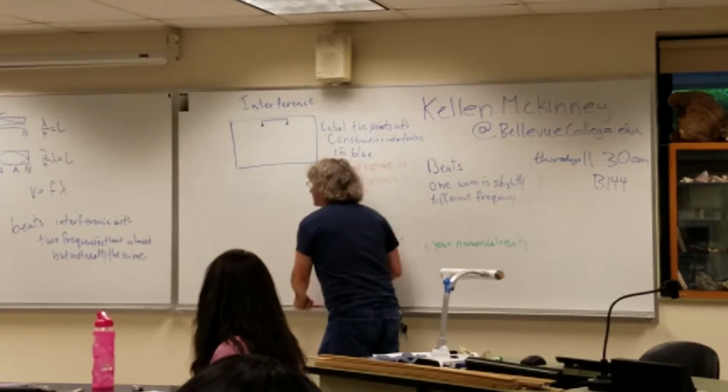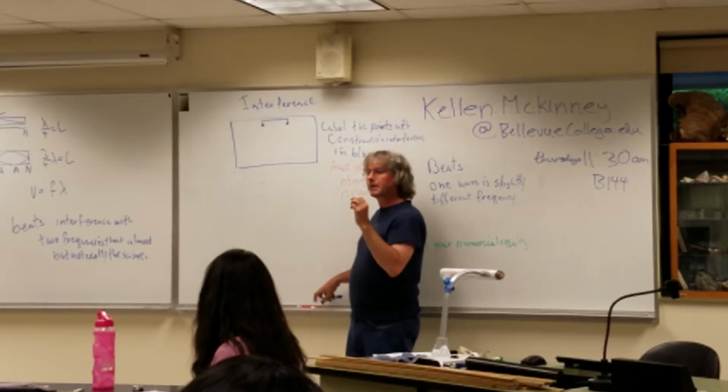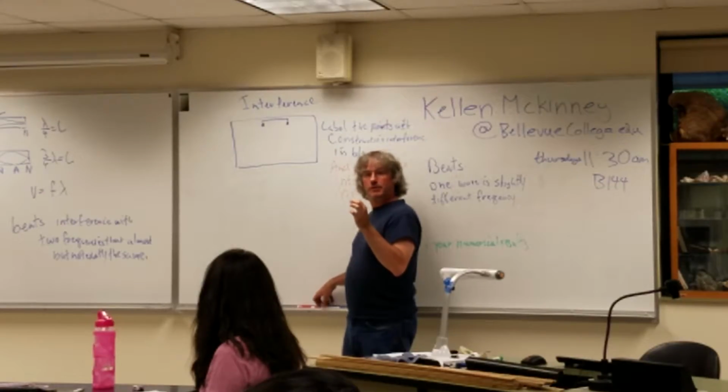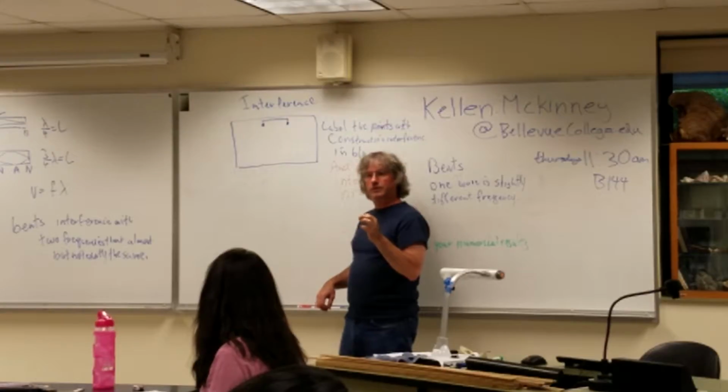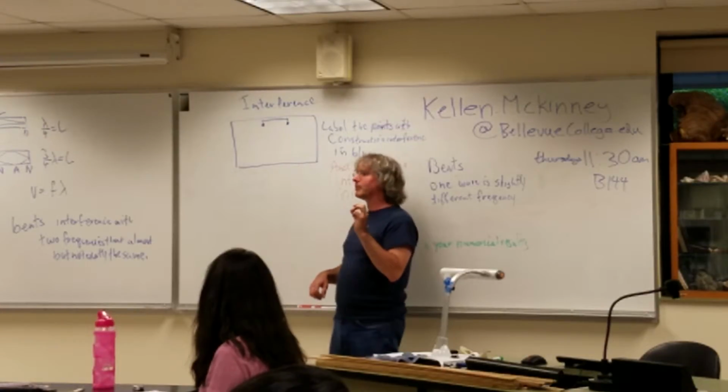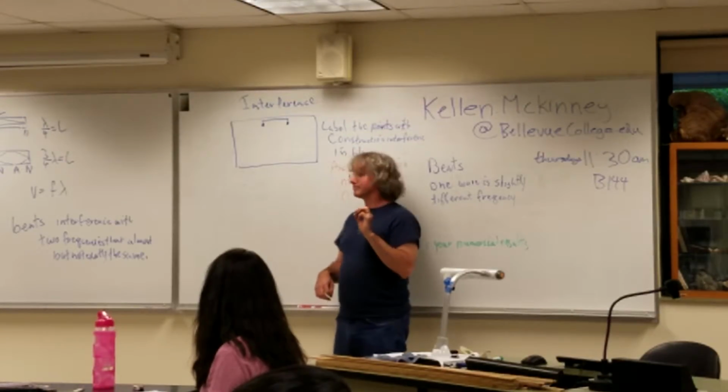Okay? And I'd like you to find all the points. Okay, all the constructive interference points and all the destructive interference points. Okay, not just one, not just five, all of them.